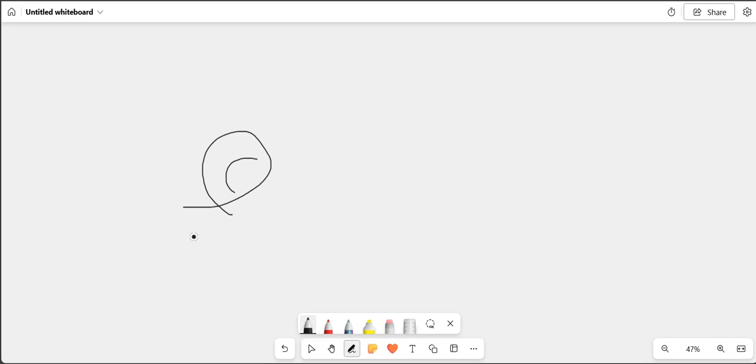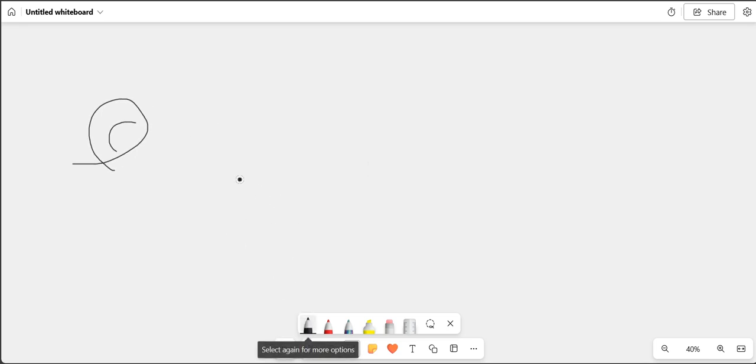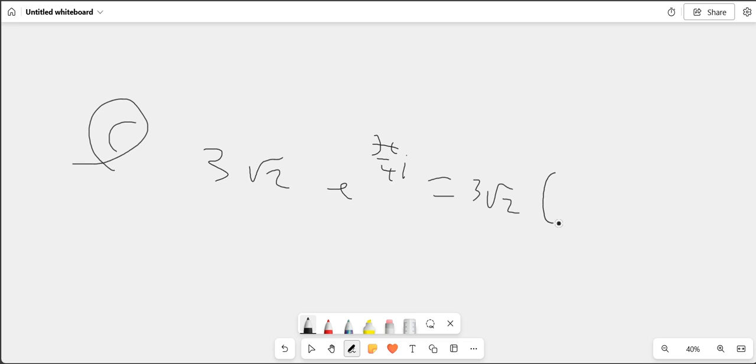Alright. C, 3√2 e^(πi/4), yeah? So that's 3√2 open bracket cos π/4 plus i sin π/4.